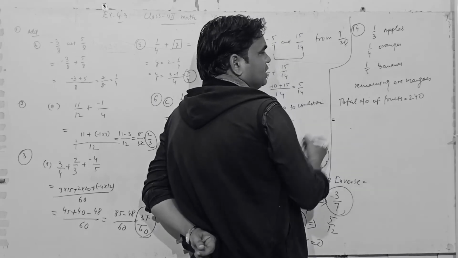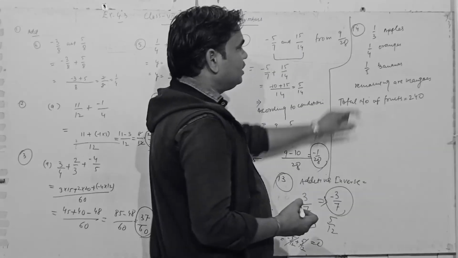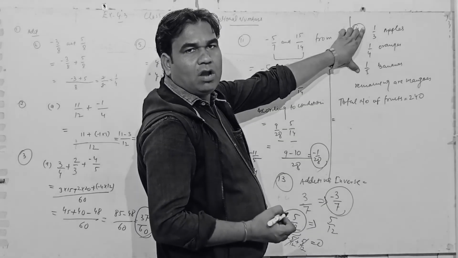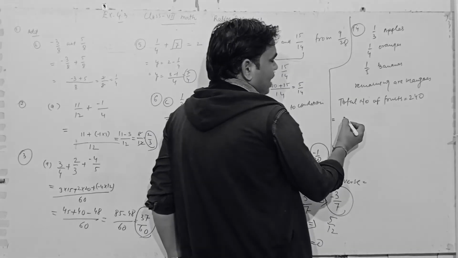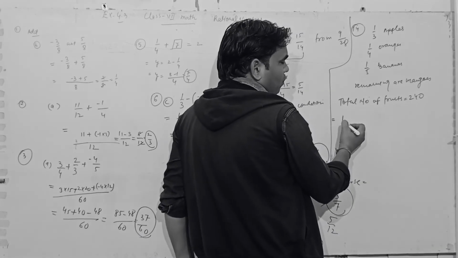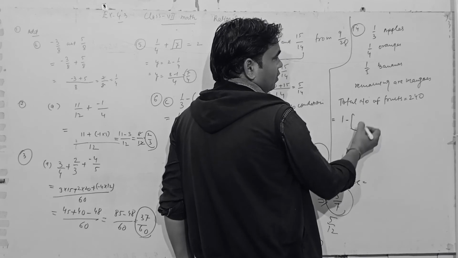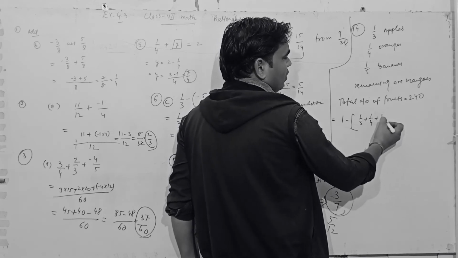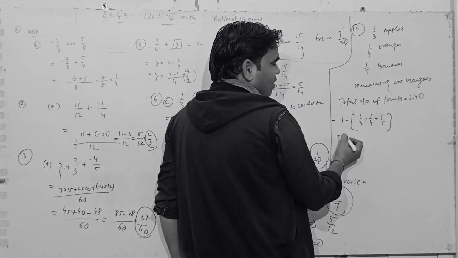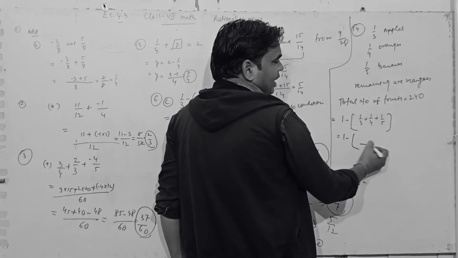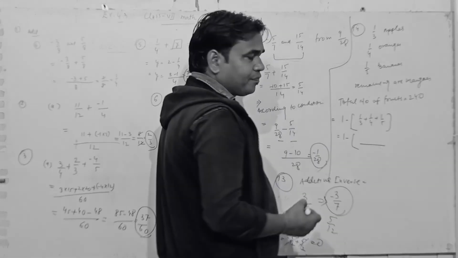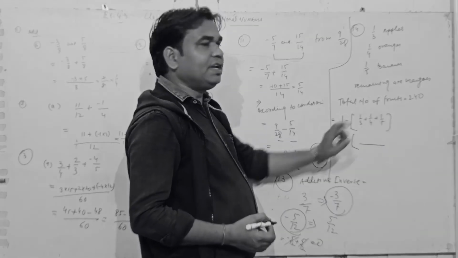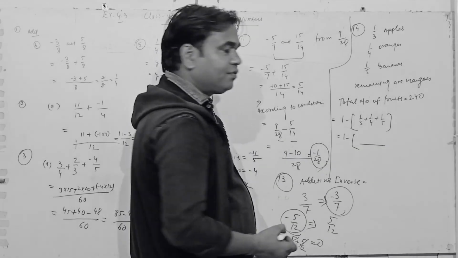So let me first, students, take all the fruit as 1 and subtract 1 over 3, 1 over 4 and 1 over 5 from it. We can take here the LCM. So here you see the LCM should be 60.